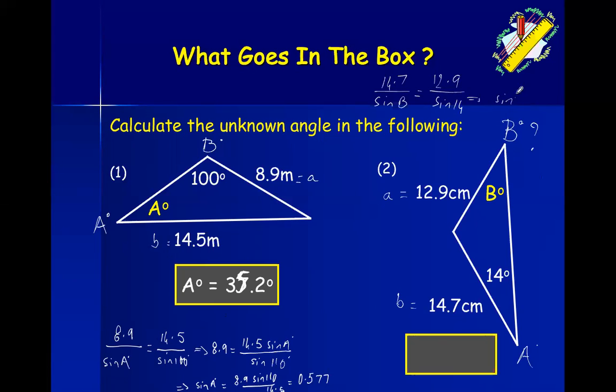14.7 sine 14 divided by 12.9. So 14.7 times sine 14 divided by 12.9. 0.27.